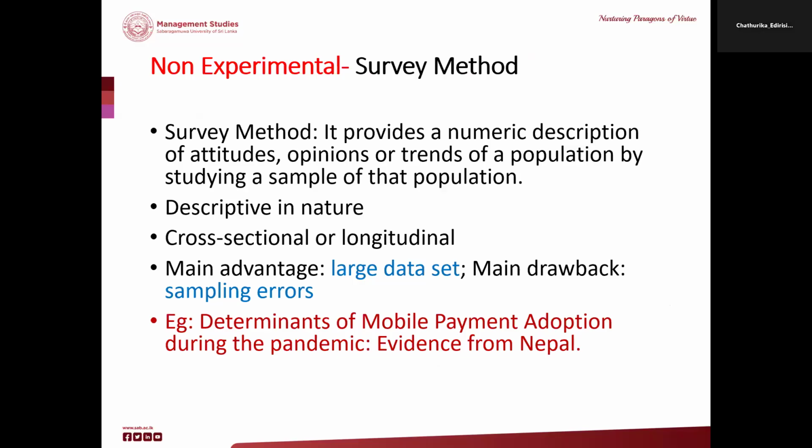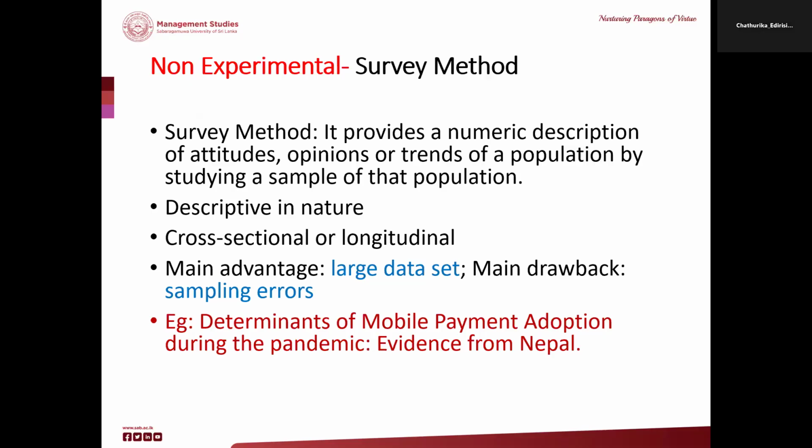The survey method provides a numeric description of attitudes, opinions, or trends of a population by studying a sample of that population. You know how a survey is conducted. Measurable concepts we measure through surveys. If you cannot measure the concepts, we call them constructs.